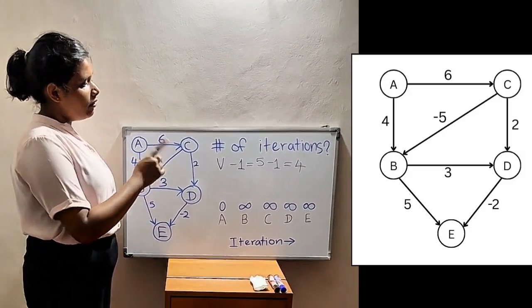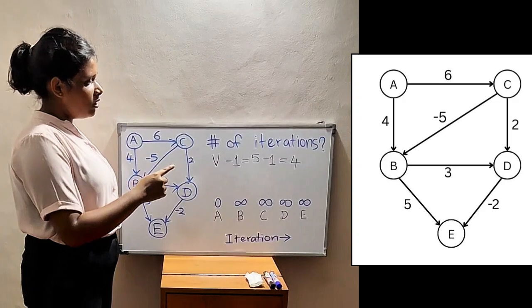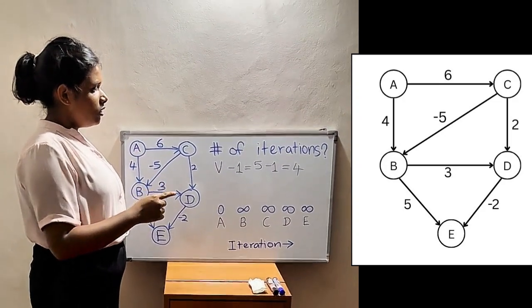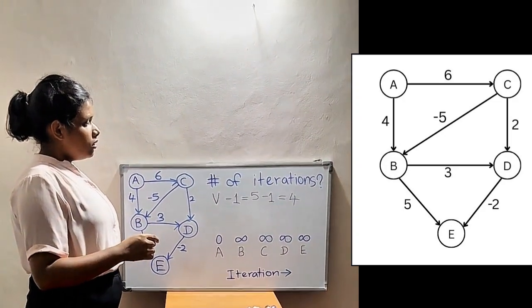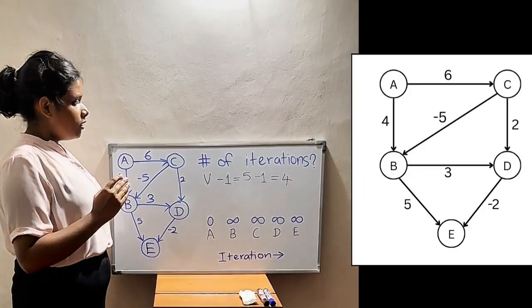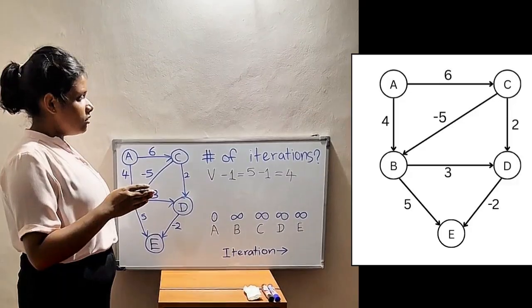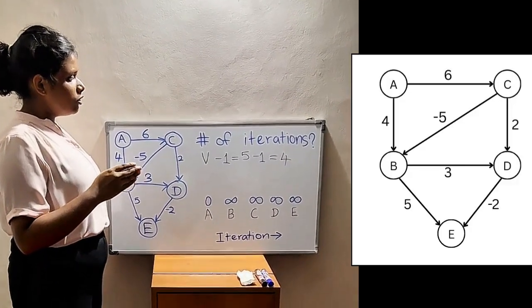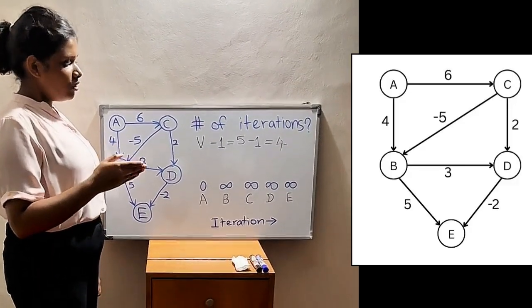So it will be equal to 5 minus 1 equals 4. So the number of iterations that should be performed at most is 4.